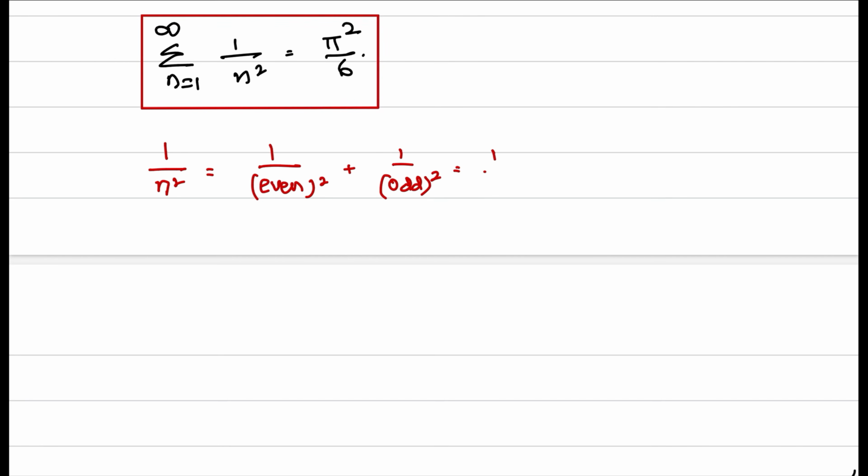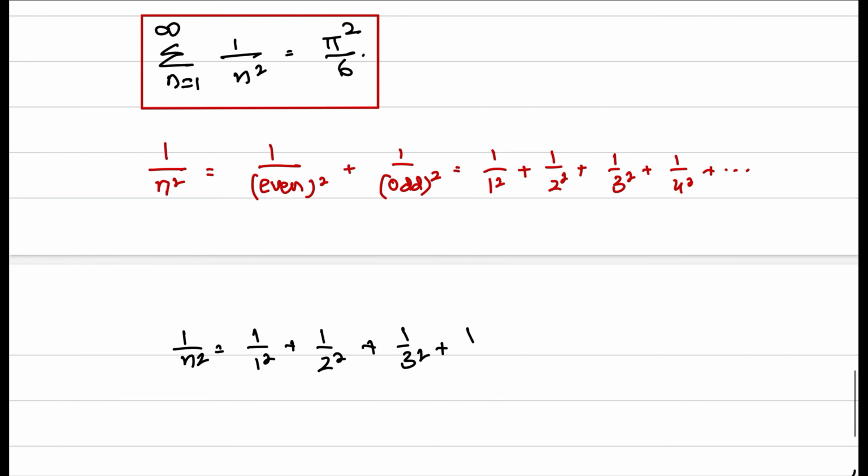It is 1 by 1 square plus 1 by 2 square plus 1 by 3 square plus 1 by 4 square plus 1 by 5 square and so on.